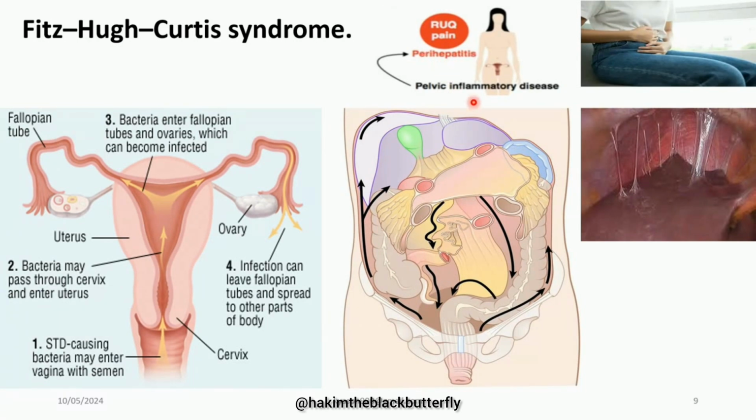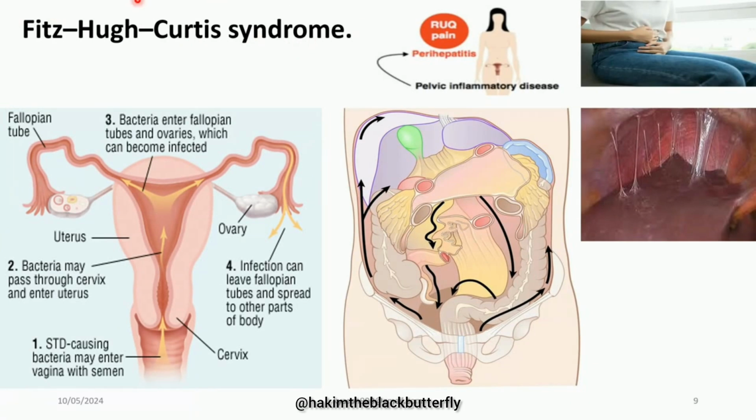This is because of a pelvic inflammatory disease. If a patient has a pelvic inflammatory disease as a result of this bacteria, this disease can spread to affect other organs. That kind of syndrome is called Fitz-Hugh-Curtis syndrome.